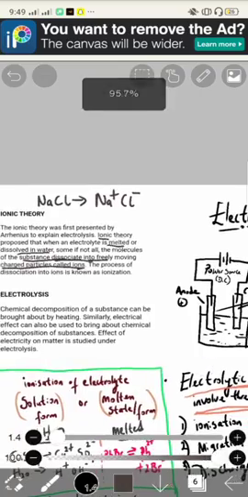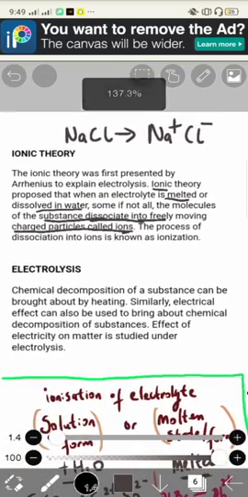So now look at this. For electrolysis, chemical decomposition of a substance can be brought about by heating. Similarly, electrical effects can also be used to bring about chemical decomposition of substances. So now, highlight the word chemical decomposition.